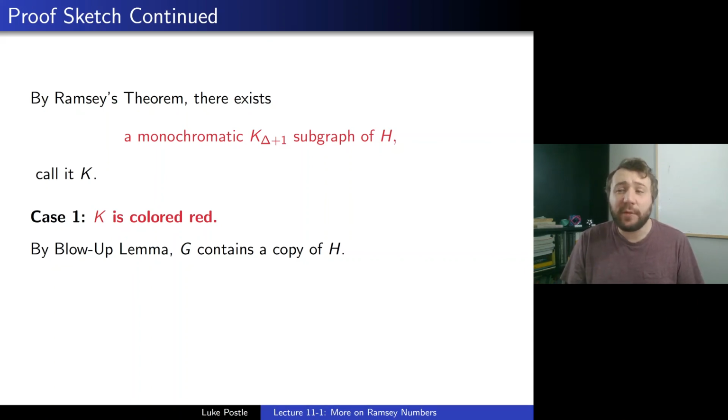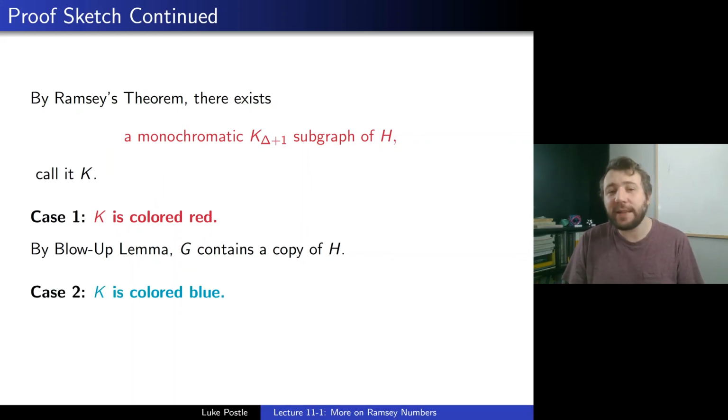That really only depends on delta. We only need the size of the parts to have a number of vertices on the order of V of H, which we have by our assumptions. Otherwise these parameters, epsilon and the number of starting parts m, only have to depend on delta, because we only need that for the blow-up lemma. We also need the number of parts to be at least the Ramsey number of delta plus 1, but again, that only depends on delta.